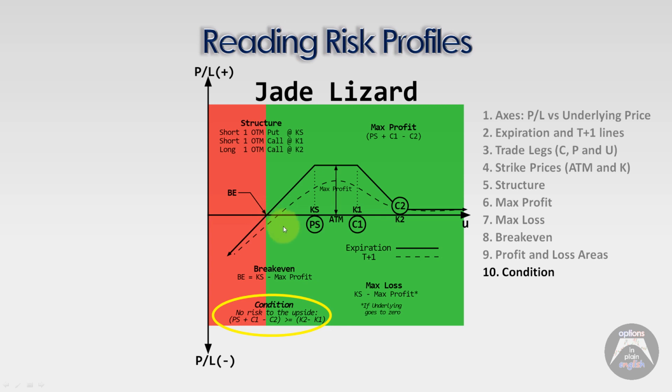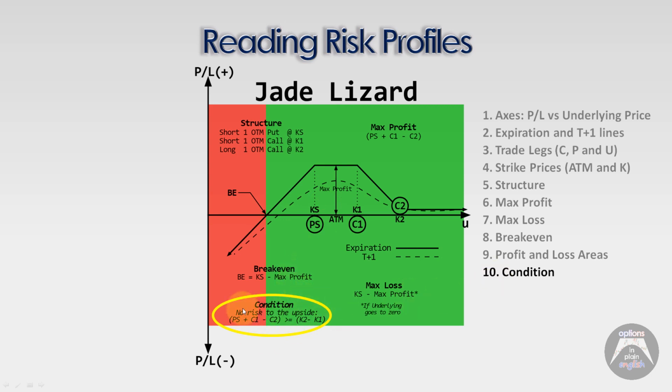At least you're not going to be losing money. So break-even is KS minus max profit. Anything that's below is going to be in red, is going to be a loss area, and anything that's in green, that's above the break-even, is going to be a profitable area.